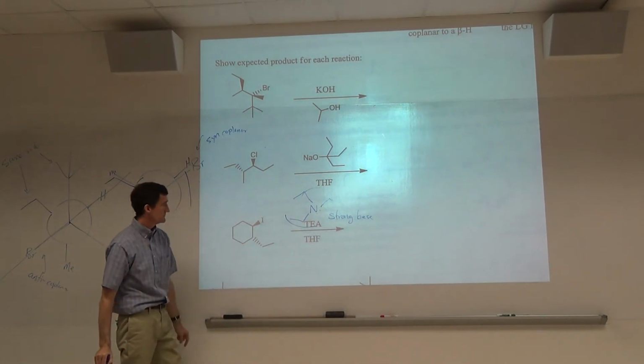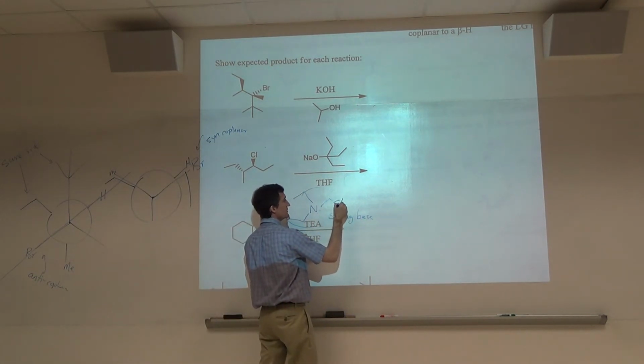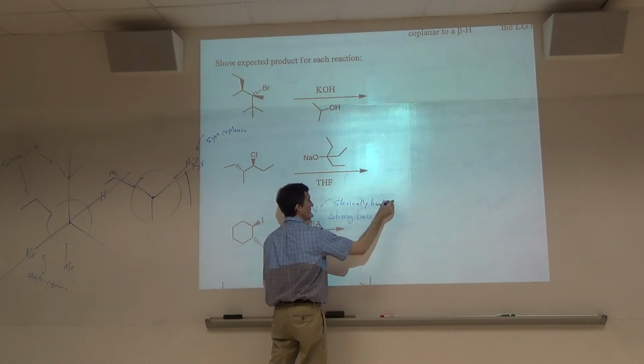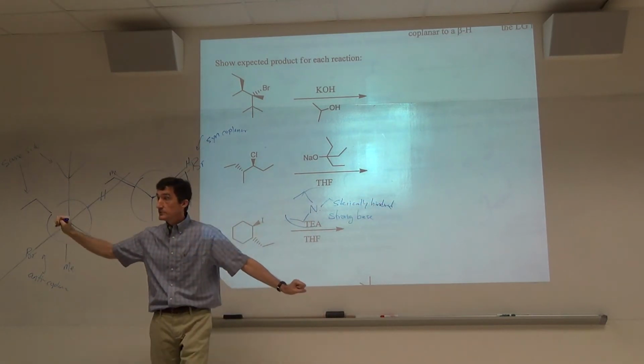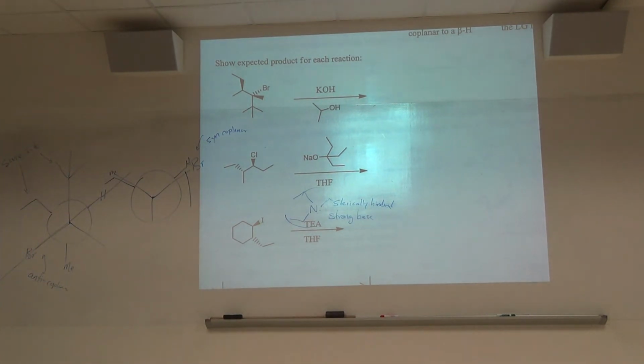THF is just a solvent. Triethylamine is a sterically hindered strong base because it's got these wings on it. Triethylamine is commonly used for E2 because it's a sterically hindered strong base.